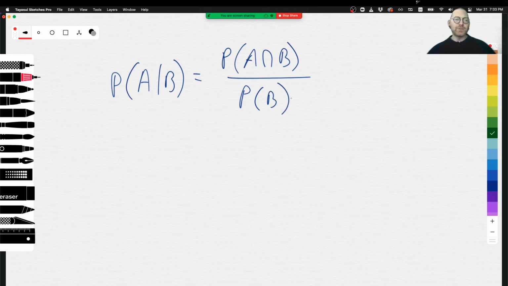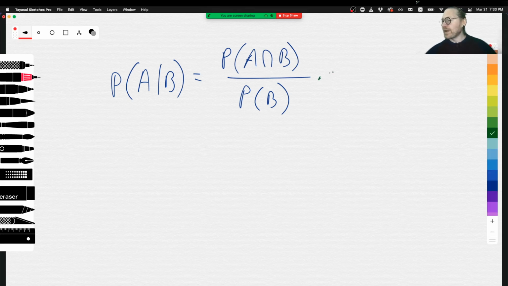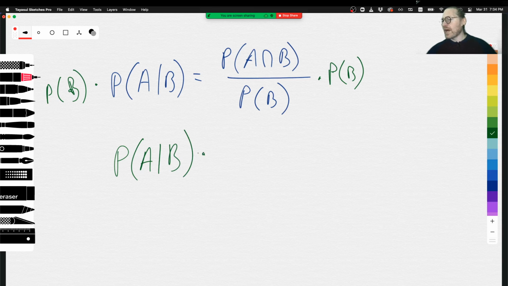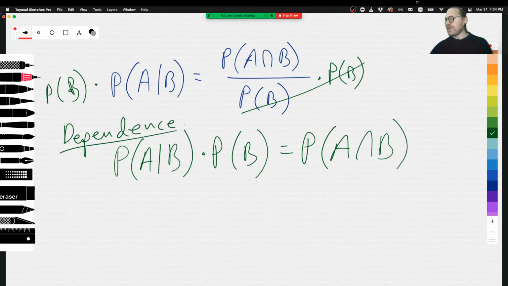If I just multiply both sides by the probability of B, so multiply this side by the probability of B, multiply this side by the probability of B, we can see here that the probability of A given B multiplied by the probability of B is equal to the intersection of A with B. So this is a pretty powerful notion, and there's something that we can get out of this that is a qualification of the idea of dependence. So there's dependence if this is true.